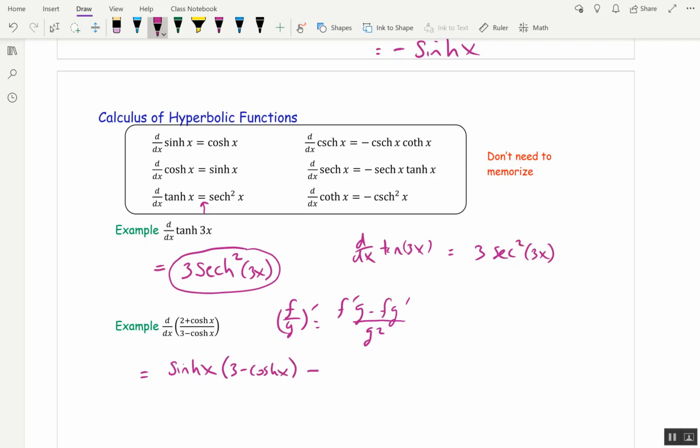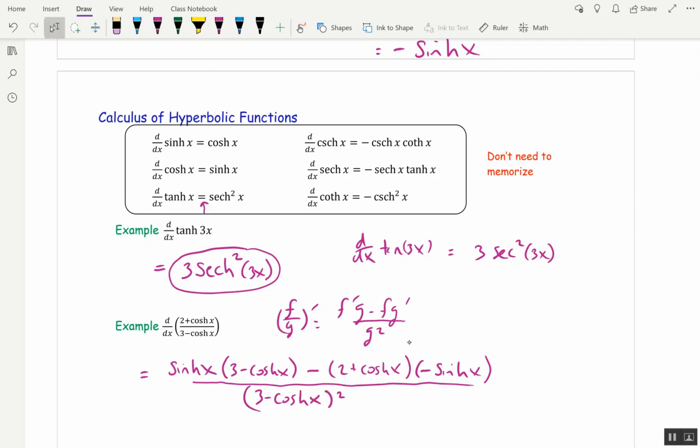And then I subtract f, which is 2 plus cosh x, times the derivative of g. The derivative of 3 is 0. The derivative of cosh is sinh, so I'll get negative sinh x. And all of that gets divided by 3 minus cosh x squared.